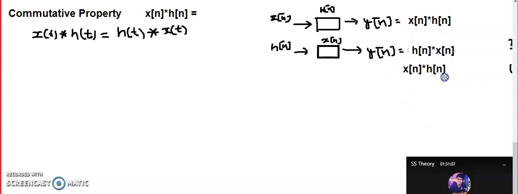This is the result that we can draw from commutative property.